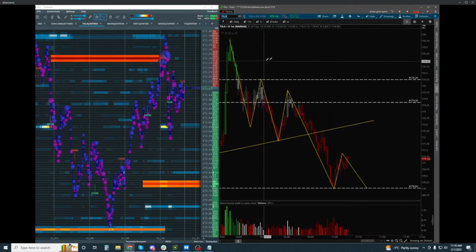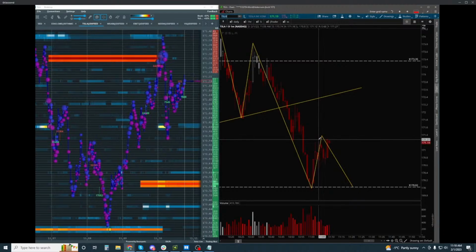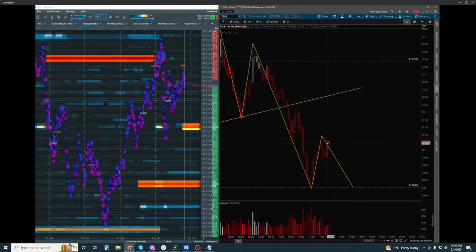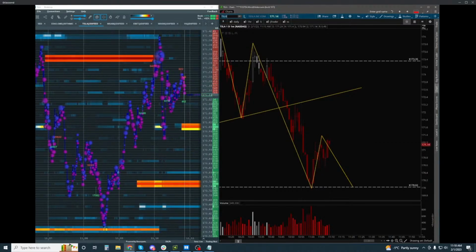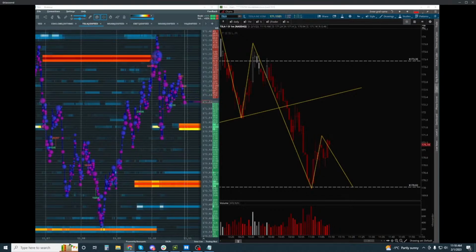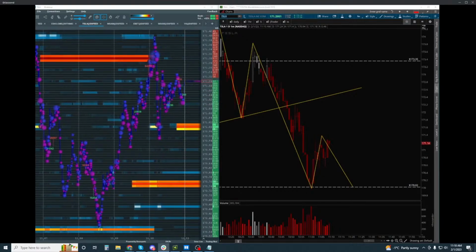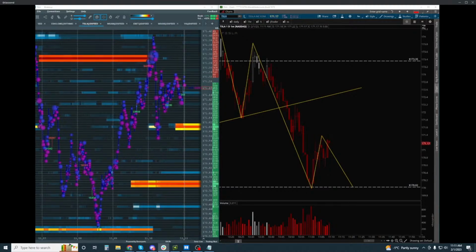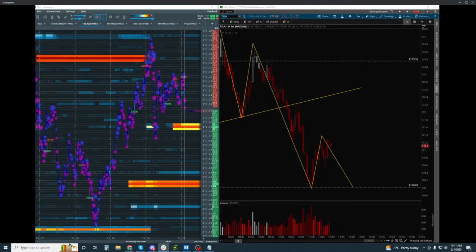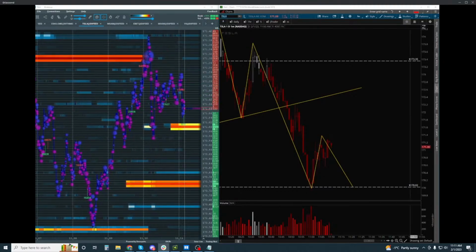Let's zoom in on the last fraction over here, the move. So it's breaking this high, and right away it's stuffed into. And again, you can see sellers jumping in every single pop, right?